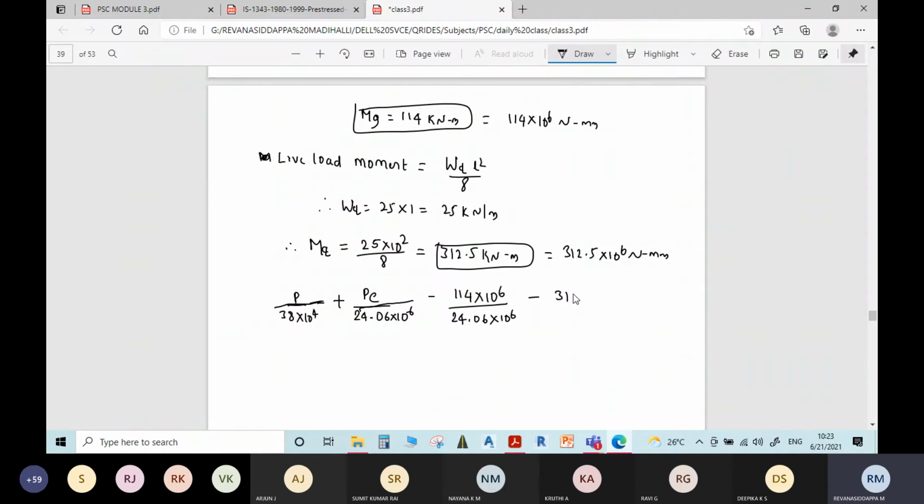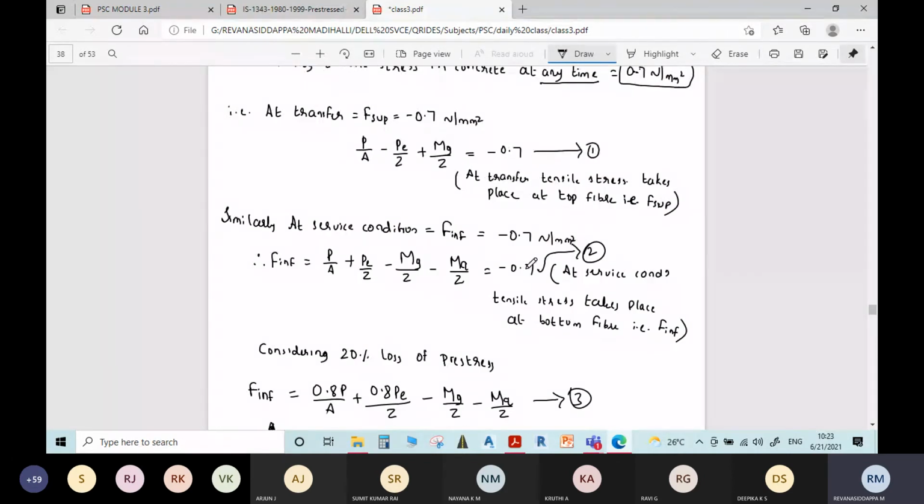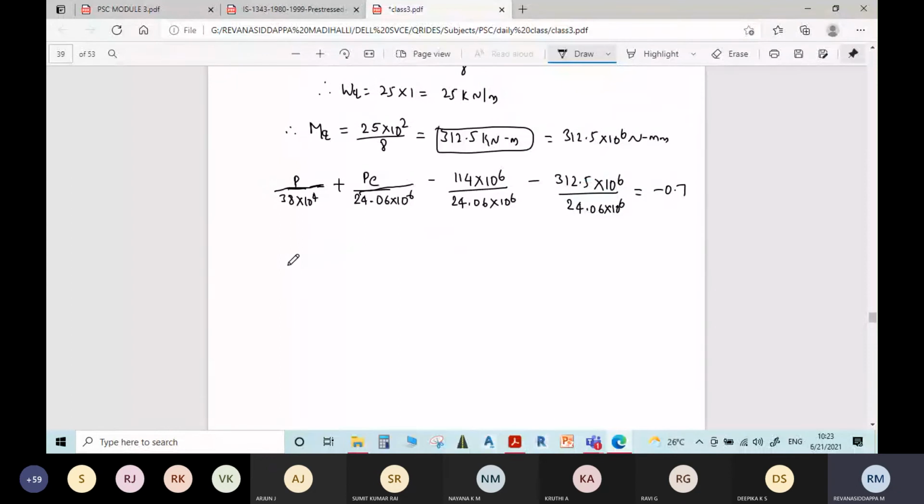Therefore, 312.5 into 10 power 6 divided by 24.06 into 10 power 6 is equal to minus 0.7. Here we have minus 0.7. So simplify this equation. 1 by 38 into 10 power 4, how much?